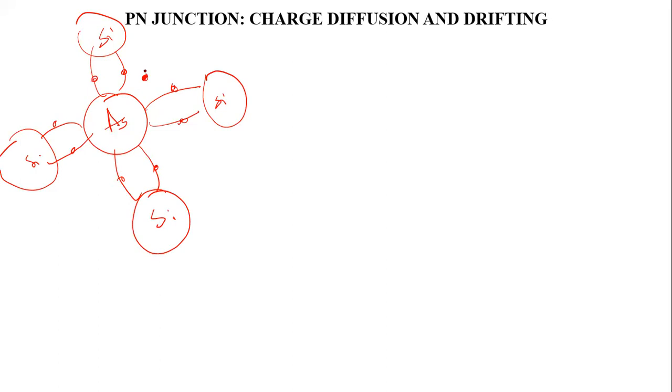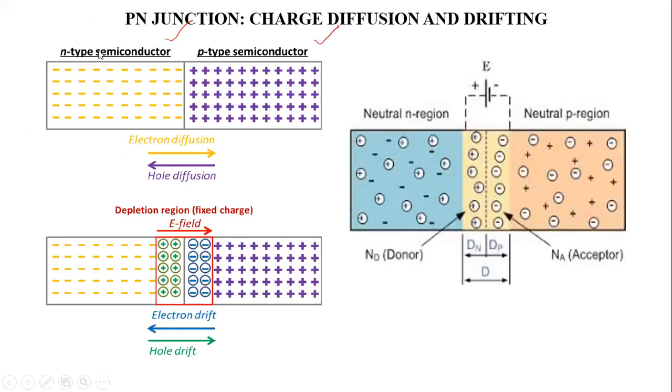So for each donor atom, that is a pentavalent atom, there will be a free electron. If this minus sign represents the free electrons, you can picture an n-type semiconductor as a semiconductor with a large quantity of free electrons.